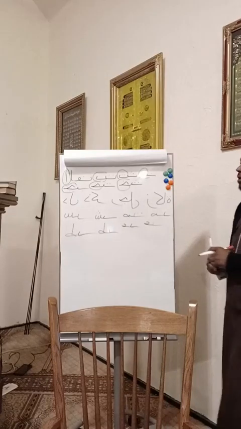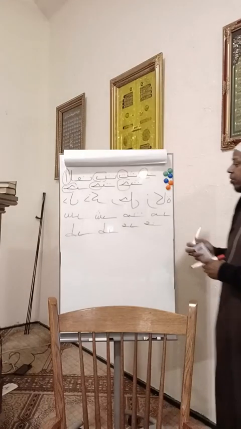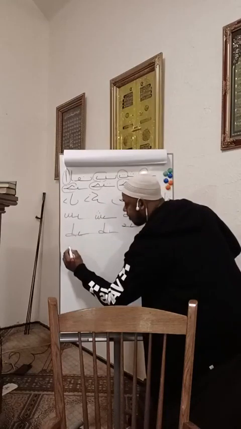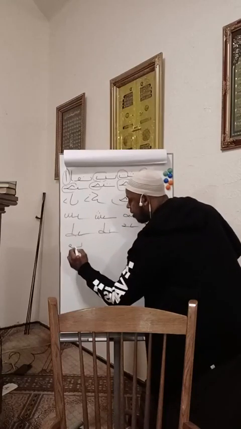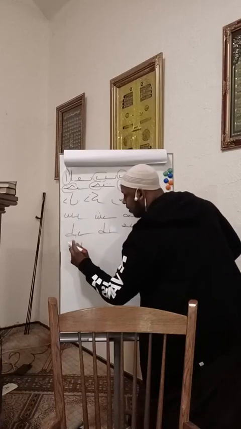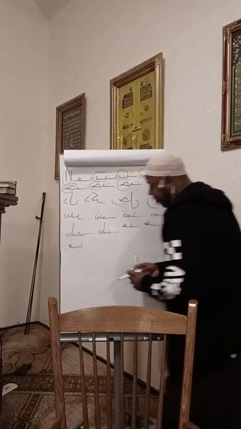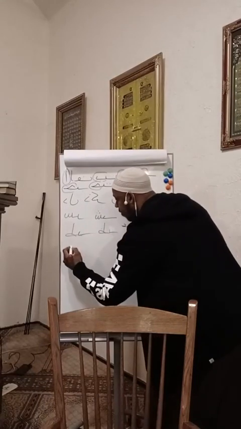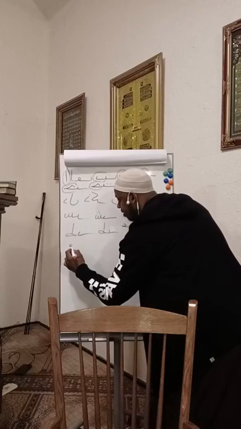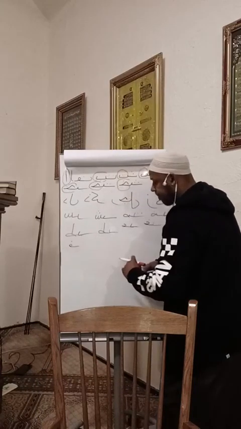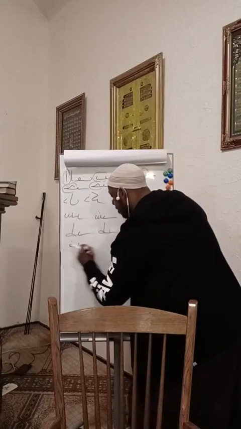This is what me and the brother had some little thing about. See, the Fa is like this. You put the dot over here, or you put the dot there. You might see it both ways, but you're going to see it a little longer like that. That's the Fa, and the dot over it.